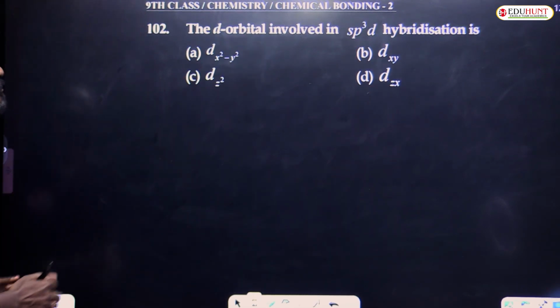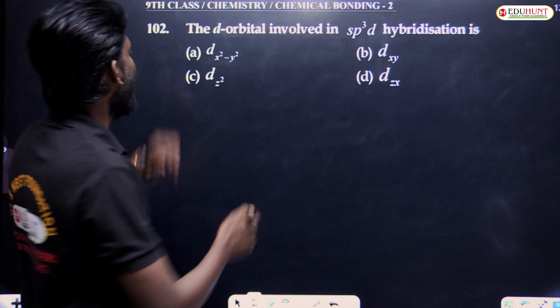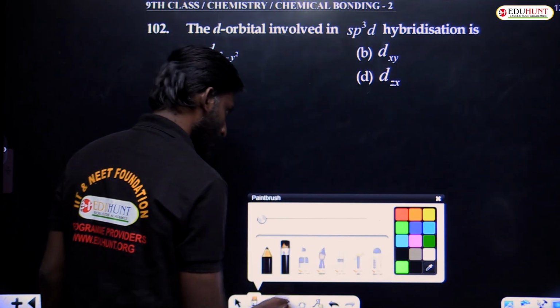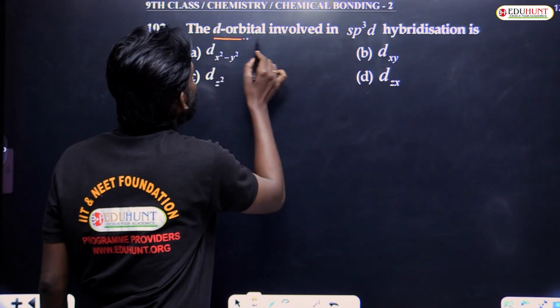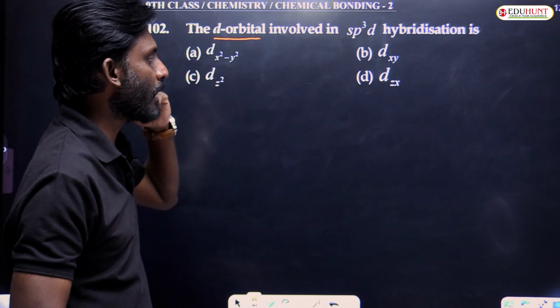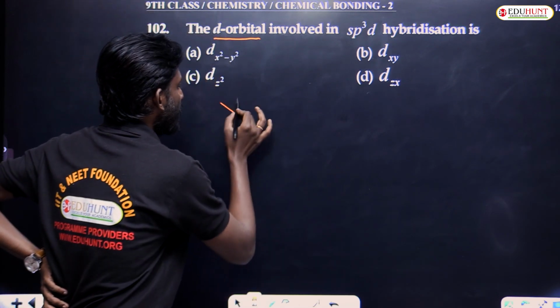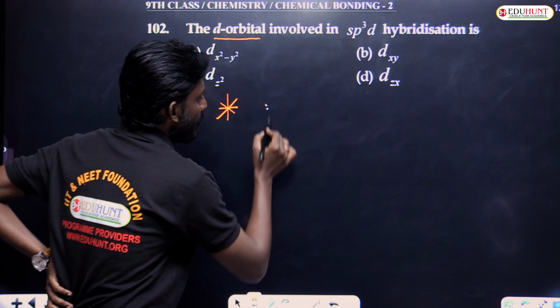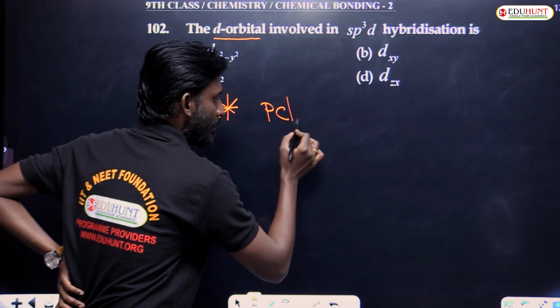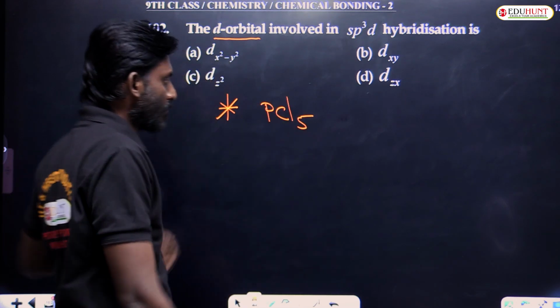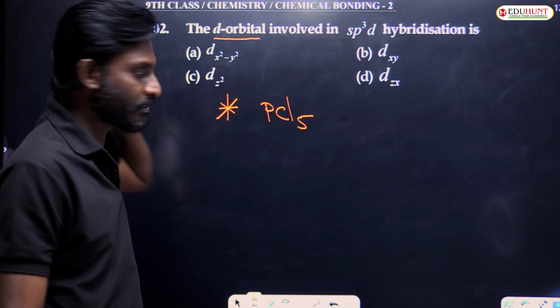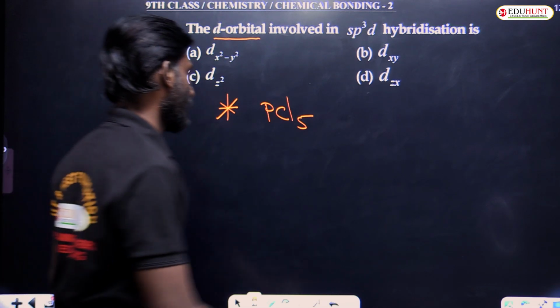Next question number 102. The d orbital involved in sp3d hybridization. So I'll explain with an example. See, in the hybridization concept we discussed, let us discuss with the example of PCl5. The central atom is phosphorus and its valence shell is the third shell.